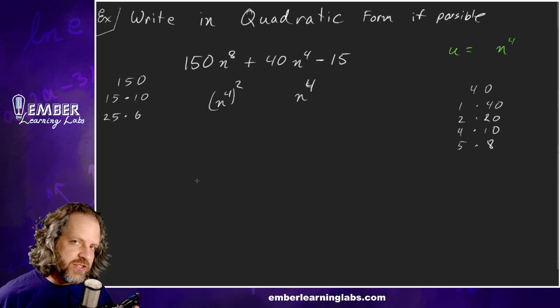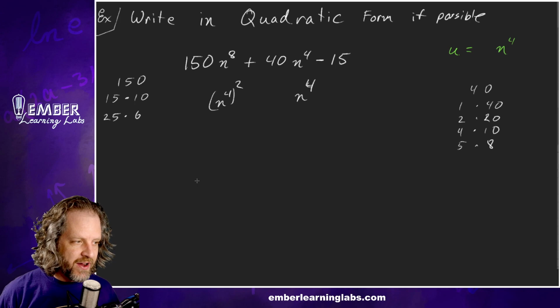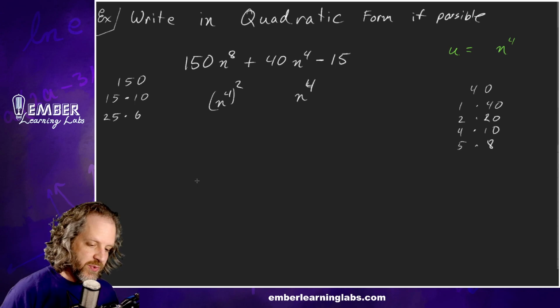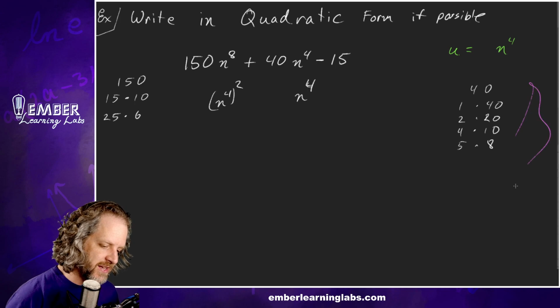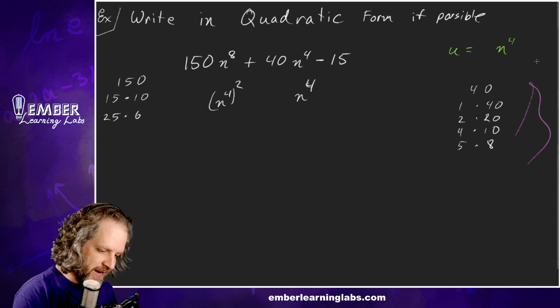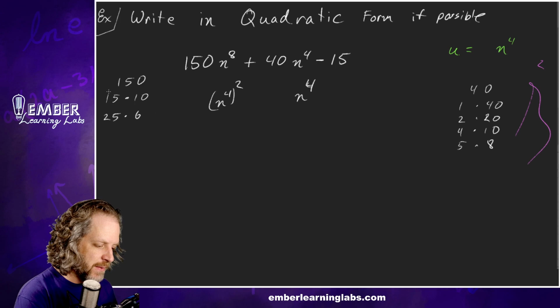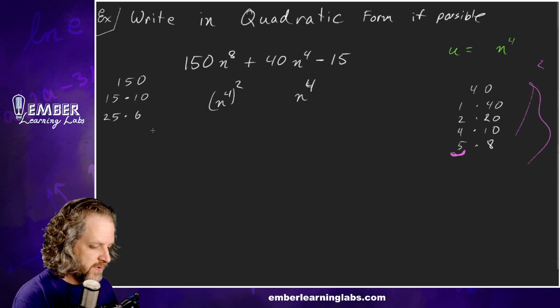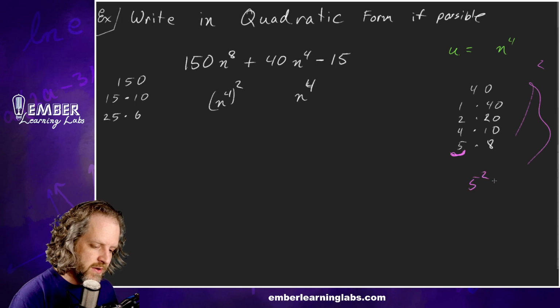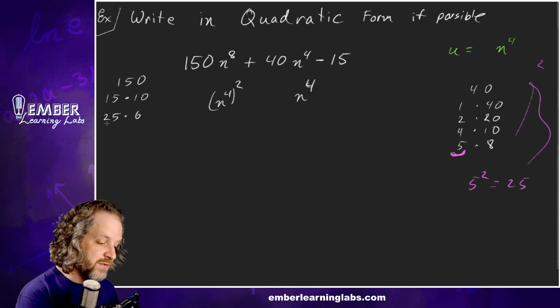Because what we need to start being able to see, and the way we figure out what to do, is we need to find something from this list that if we square it, it will give us something over here, which we have discovered. Because 5 squared equals 25. So something squared over here equaling something over there.